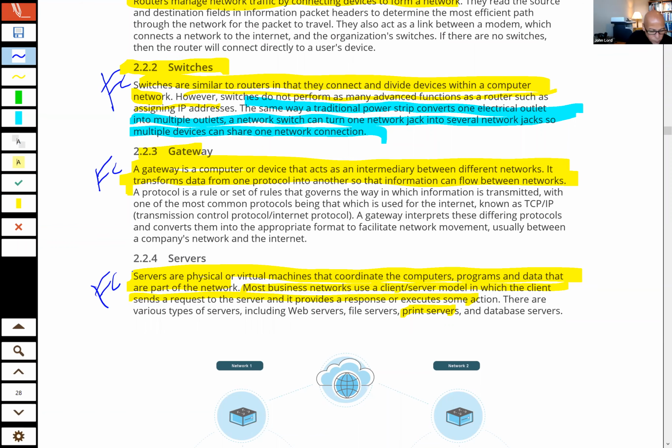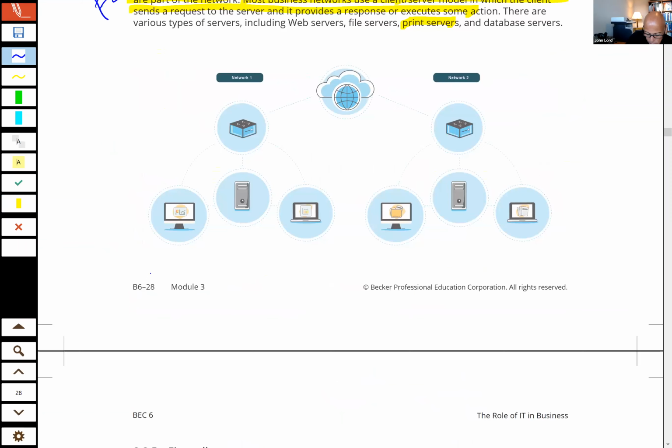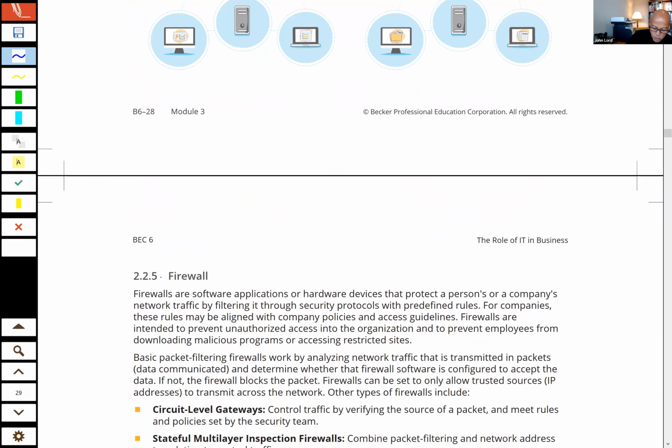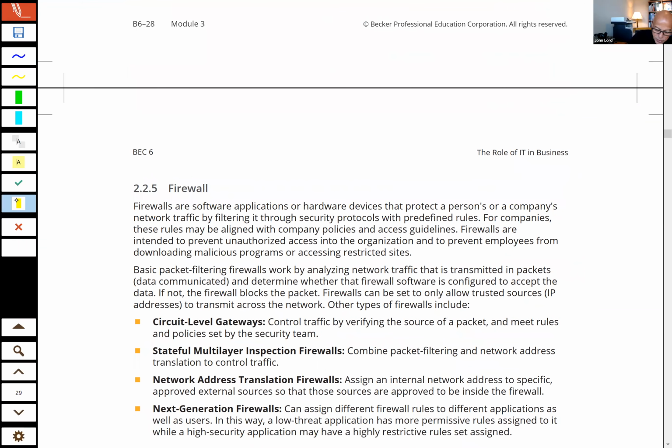And then you have firewall, and firewall is a very descriptive term. I don't think you need to flashcard it, but let's look at this. Firewalls are often software applications or hardware devices that protect a person or company's network by filtering traffic through security protocols within defined rules. For companies, these rules may be aligned with the company's policies and access guidelines.